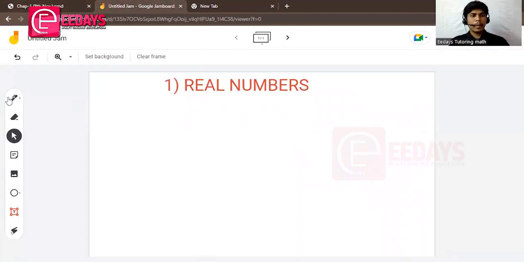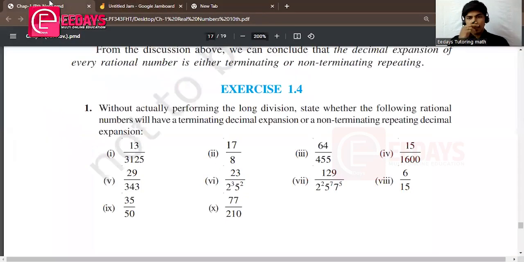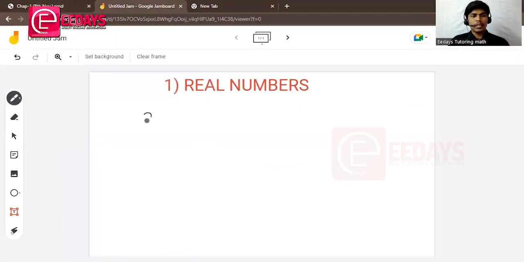Observe carefully, guys. We already completed exercise 1.1, first Roman numeral. Let's do this sum: 23 by 2 cube into 5 square.